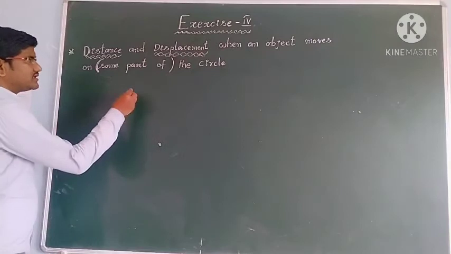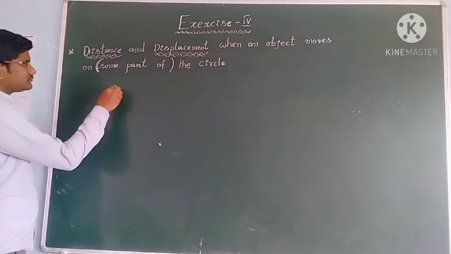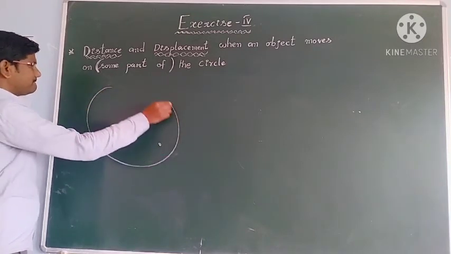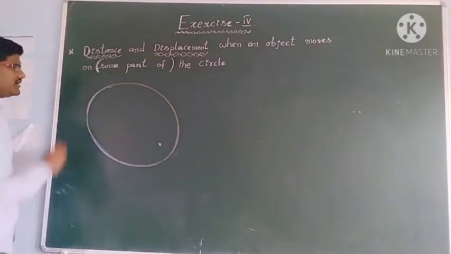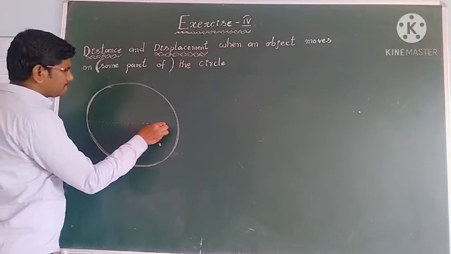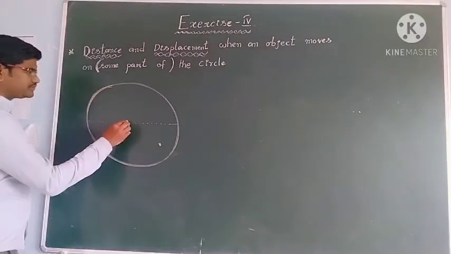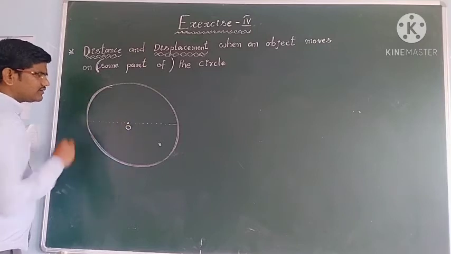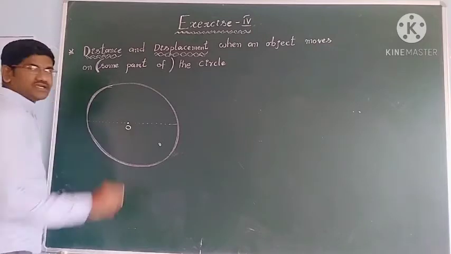Okay students, see here I am considering a circle. So this is the circle I have taken. Consider a circle with O as a center and R as a radius.